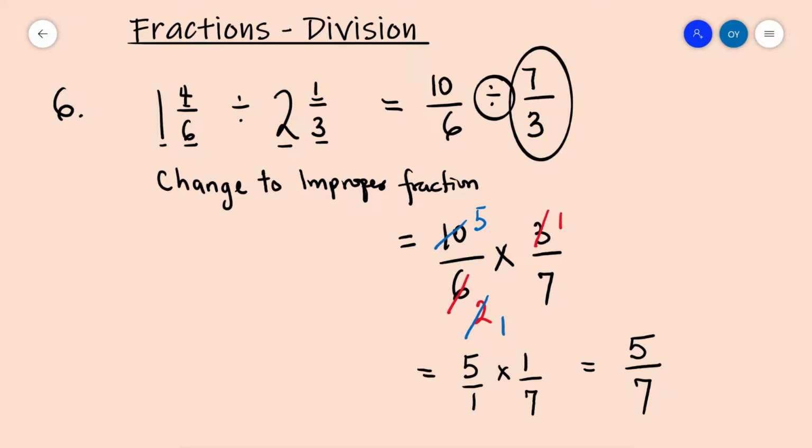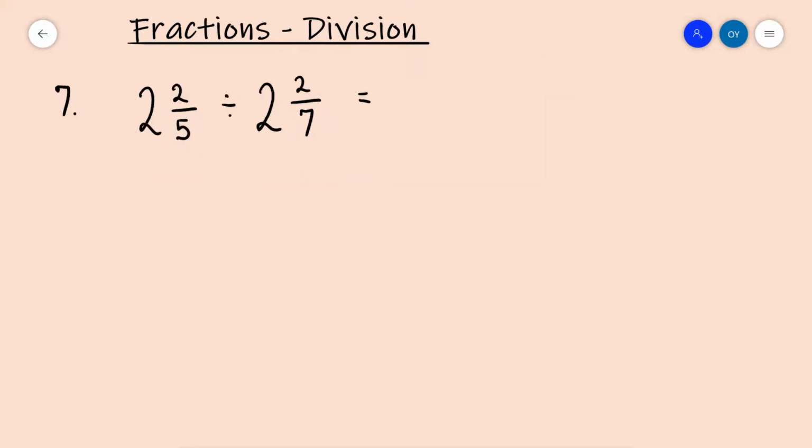Example 7, 2 over 5 divides 2 over 7. We change to improper fraction, and that gives us 12 over 5. Divide 7 times 2 is 14. 14 plus 2, that is 16 over 7. Now we change the division to multiplication.